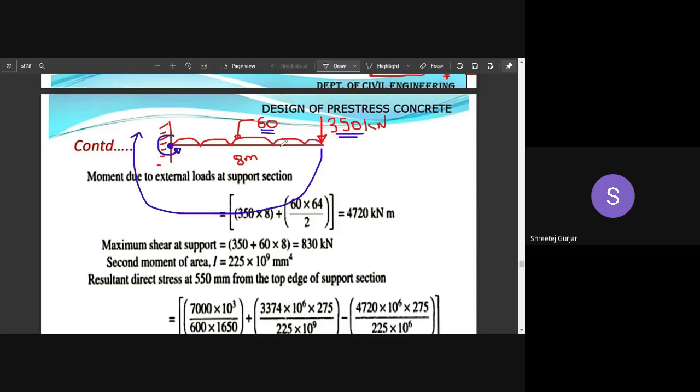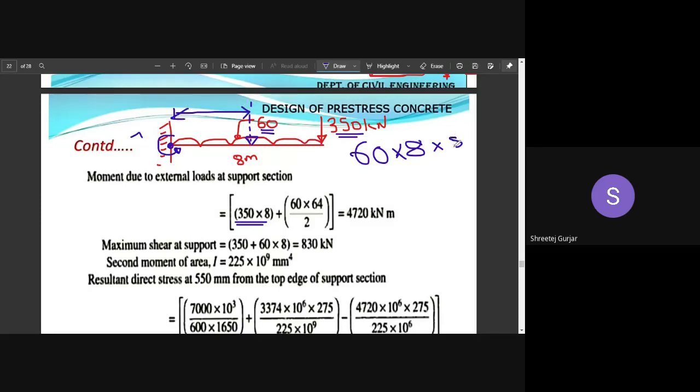350 into the perpendicular distance of 8 meters, so 350 into 8 is written first, that is plus. Then we have one UDL which is also going clockwise with respect to this point. So it is plus 60 into 8, which gives the intensity into the length. Converted into a point force, the resultant force is 60 into 8, and the perpendicular distance is 8 by 2.